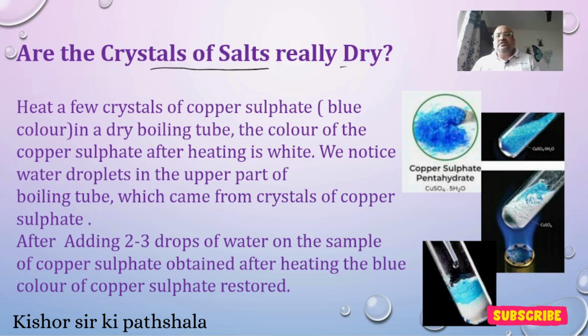Let us take the example of copper sulfate. If you see this, nicely blue colored crystals of copper sulfate are there. What we are going to do is take these blue colored crystals in a hard glass test tube and heat this test tube.